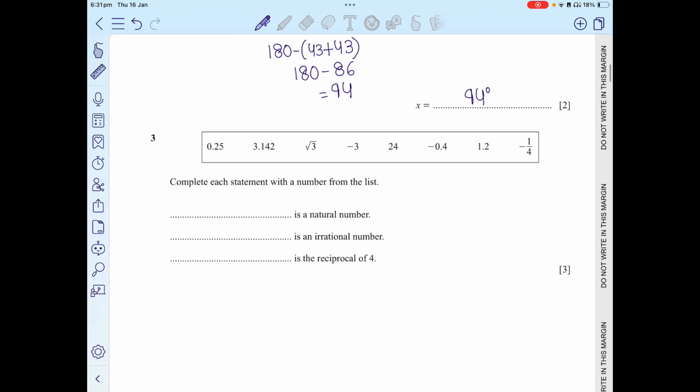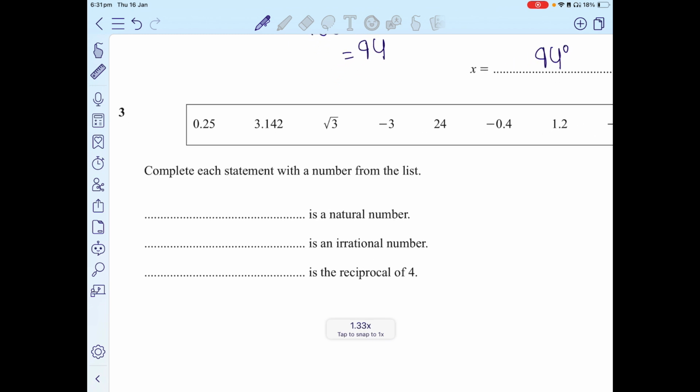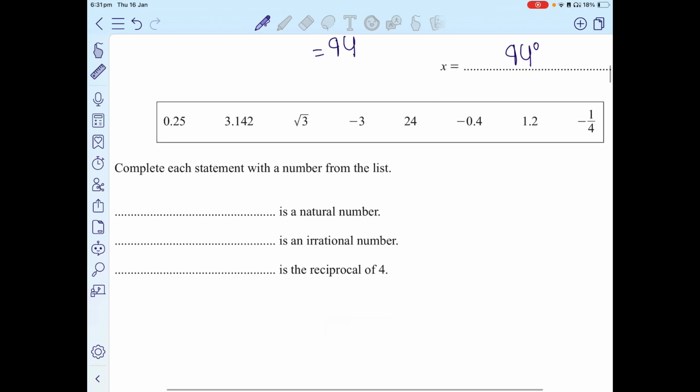Question number 3 says complete each statement with a number from the list. First of all, it asks us to take a natural number. As we can see, the natural number in this list is only 24 because that's the only whole number and positive number that we have got. Dash is an irrational number. An irrational number would be basically root 3 because when you calculate root 3 on your calculator, you get a value which is not recurring, that means not repeating, neither is it terminating, that's not ending.